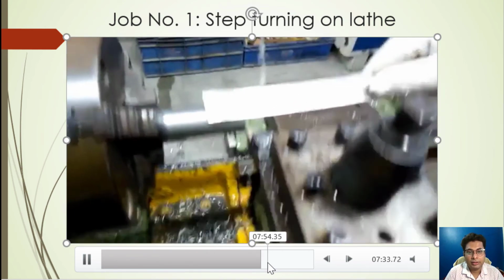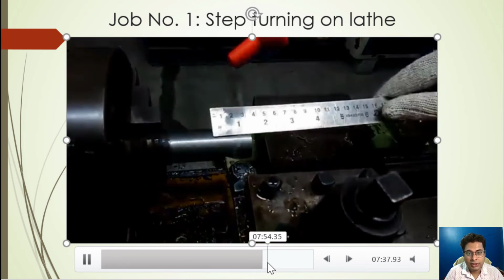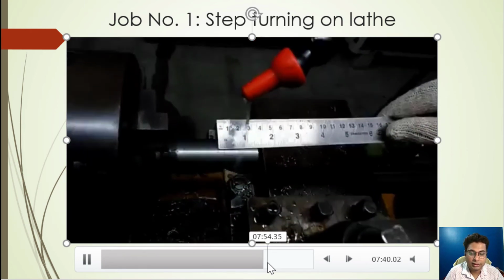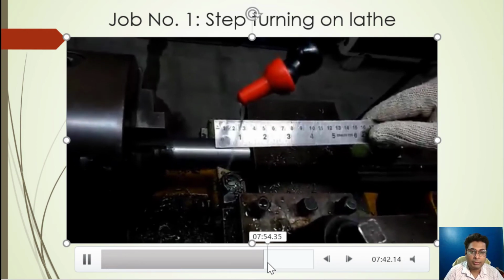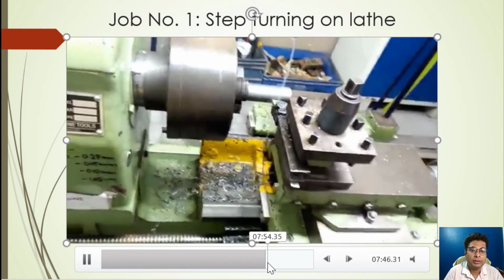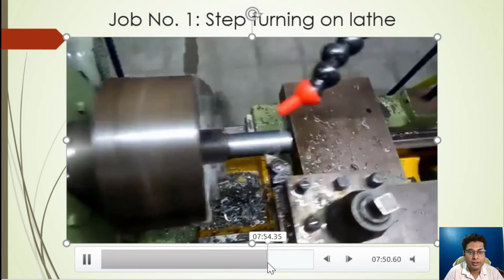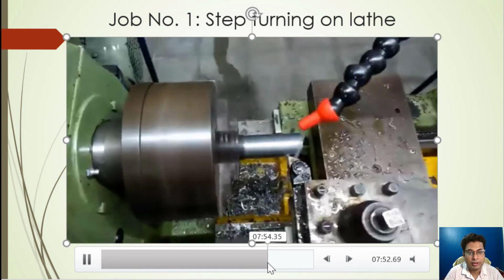After the outer diameter has been cut, he is marking a particular section till which he needs to cut the second part, where the diameter needs to be reduced further.